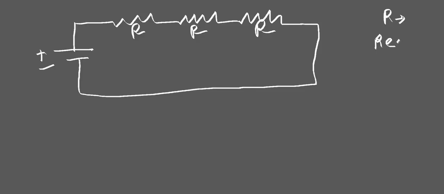Now R here is resistance, and I, which I am going to denote in blue, is the current, which is flowing from positive to negative. Now the current should flow from positive to negative terminal as we discussed shortly before, right?